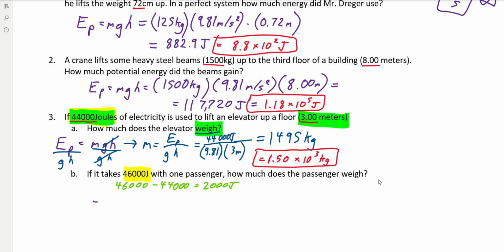So actually we can get rid of this, and we can just use the formula that we found last time, which is mass equals energy over gravity times height, which means we're going to have 2,000 joules, and then just the same bottom part, 9.81 times by 3.